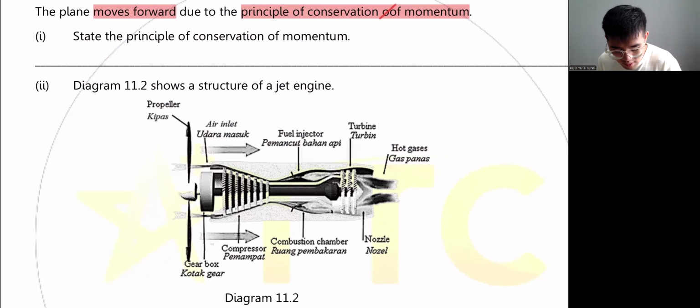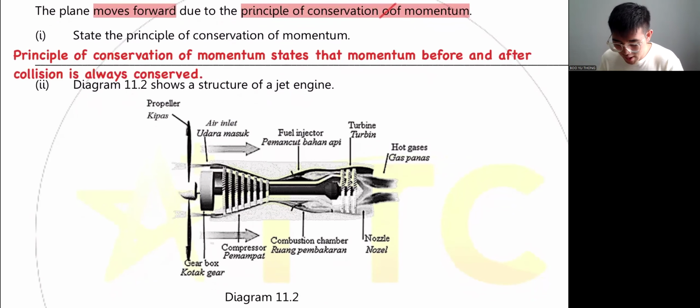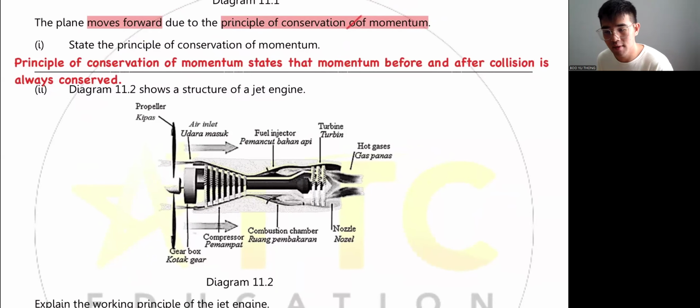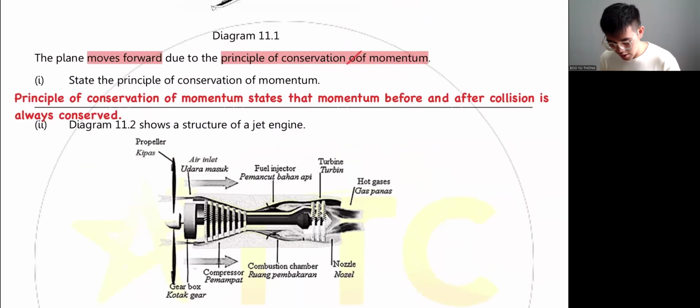So do you guys know in this principle of conservation of momentum, it has a condition. So in order for the momentum to be conserved, there's a condition. So the condition is, you should say this before you start explaining that starting from here, the momentum before and after collision is always conserved.